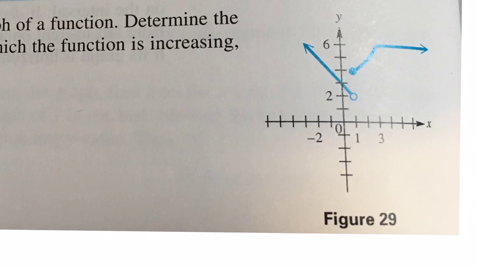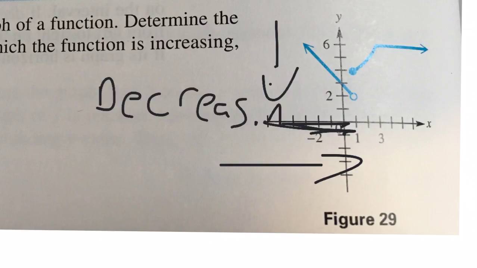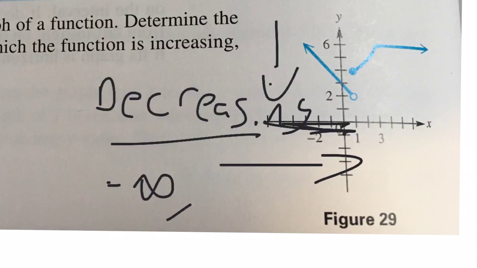If you notice, for all the x values to the left of 1, as you go right, meaning as the x values are increasing, the y values are decreasing. So that means it's decreasing for all the values less than positive 1, meaning from negative infinity to positive 1.